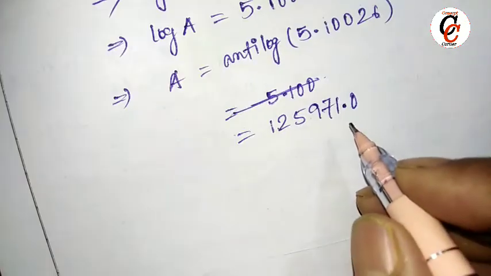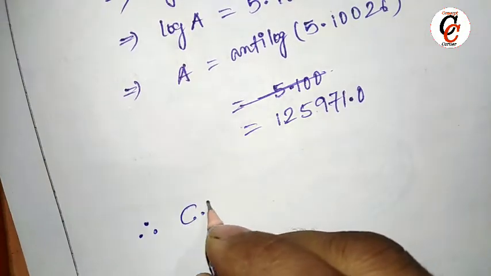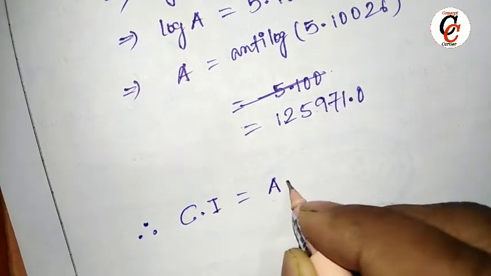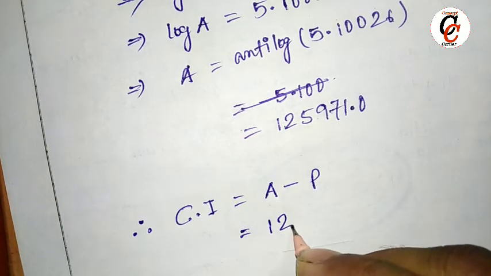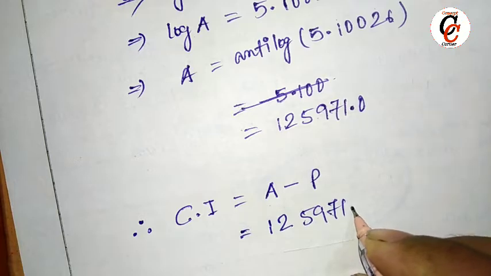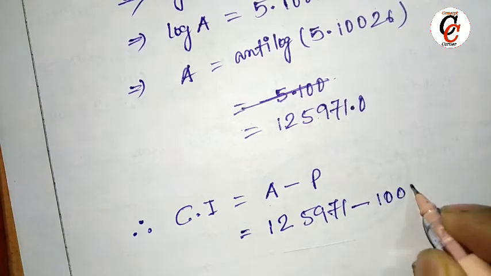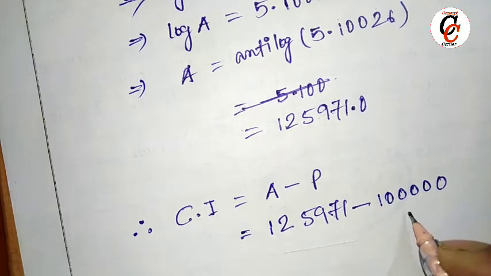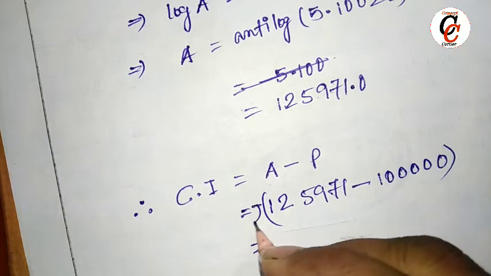So we need compound interest, therefore compound interest will be equal to A minus P. A we got 125971 minus, and P we have 1 lakh. So this will be in rupees.